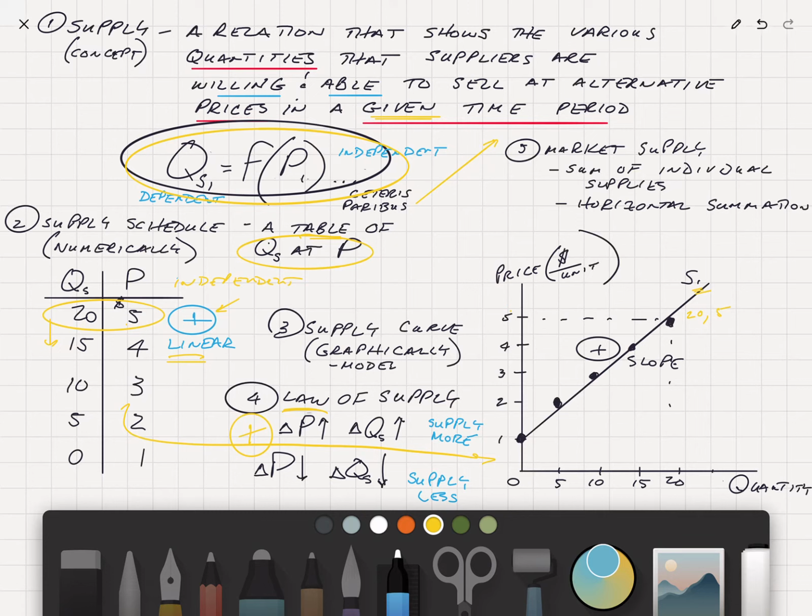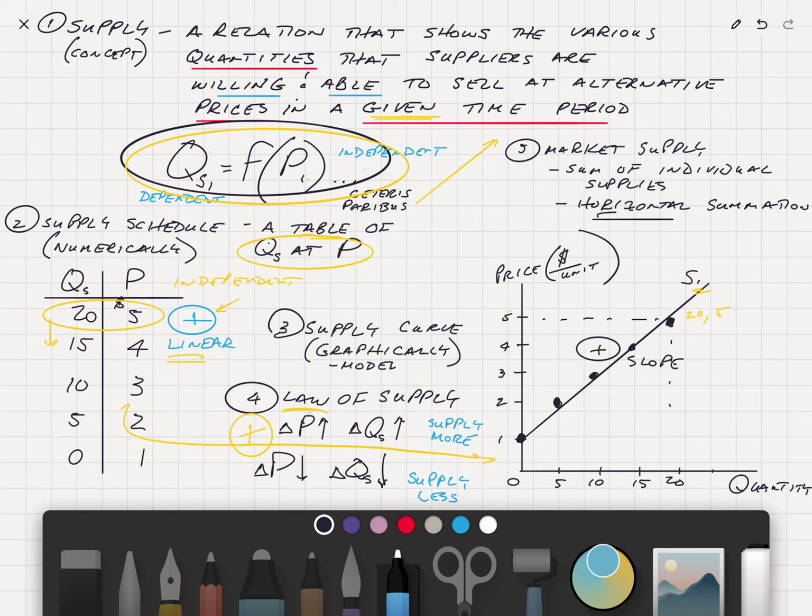And then we say, okay, now wait a minute, what's point number 5? Market supply is the sum of individual supplies. I see a typo. Let me fix that. Stuff like that drives me crazy. Market supply is the sum of individual supplies. In economics, we refer to that as horizontal summation.